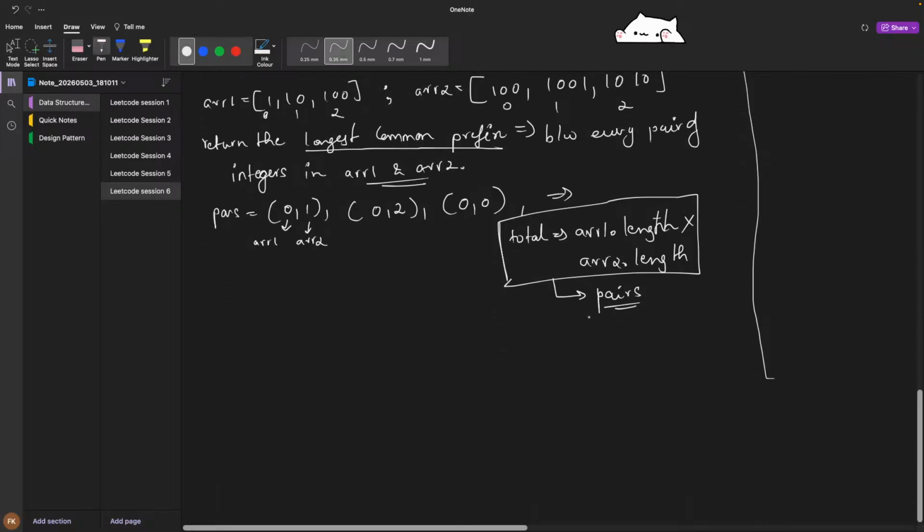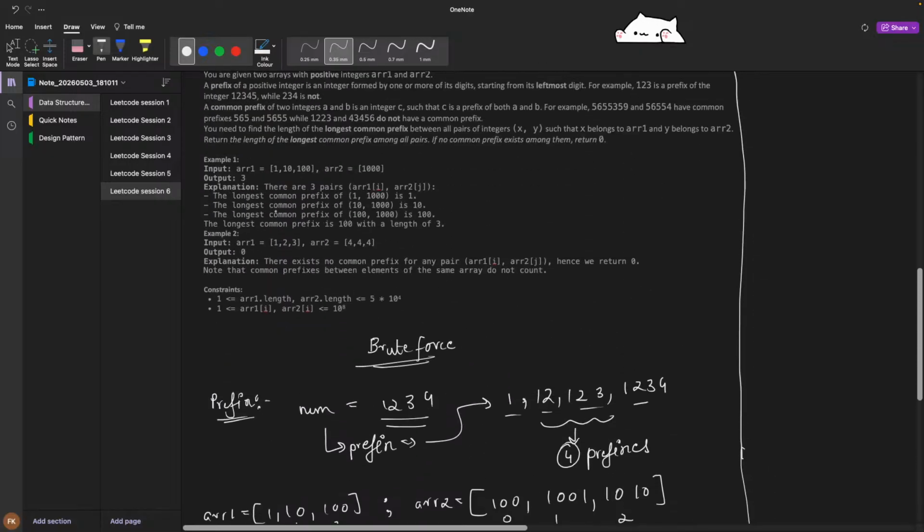The question has also given us the constraint that each array is of length 10 power 4 and each element in the array can have a value up to 10 power 8, which is 1 followed by 8 zeros.